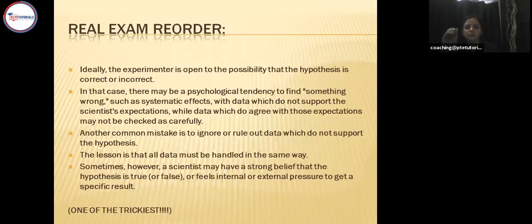But sometimes because of some psychological checks, because of some pressure, I may do some errors while performing the experiment. While data which do agree with those expectations may not be checked as carefully.